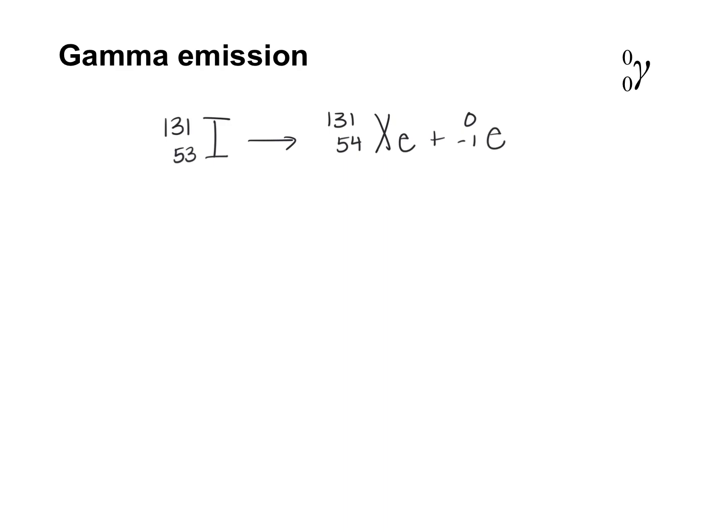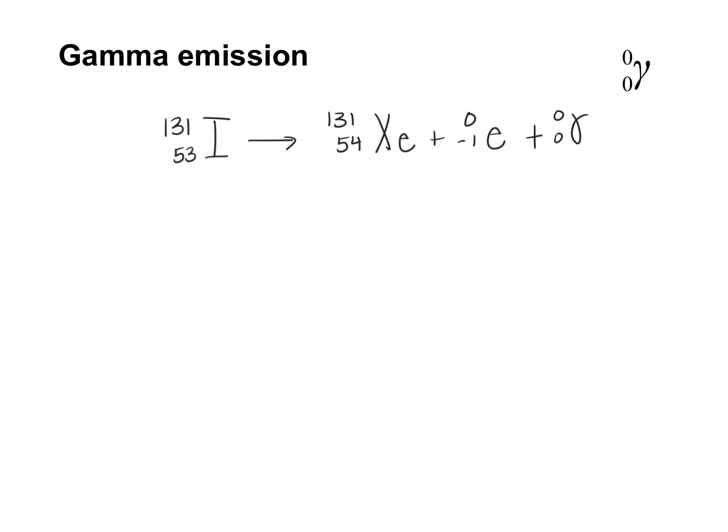It also releases a gamma particle, which is energy, okay? So sometimes gamma is produced with other products, okay? So we can see 2 particles here, and this is just a really high energy particle.